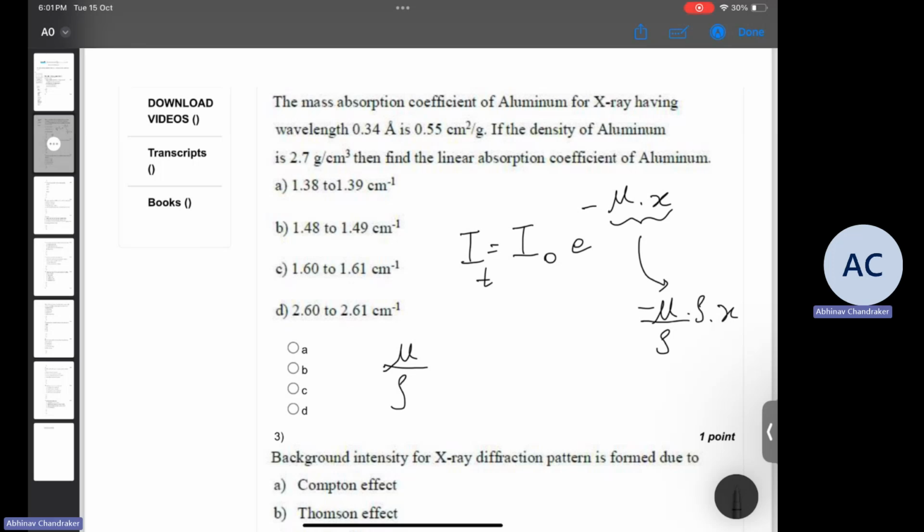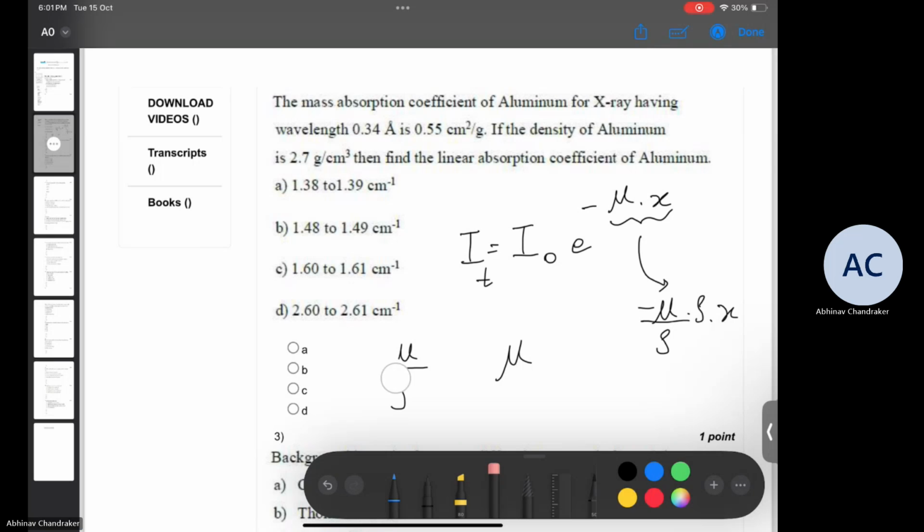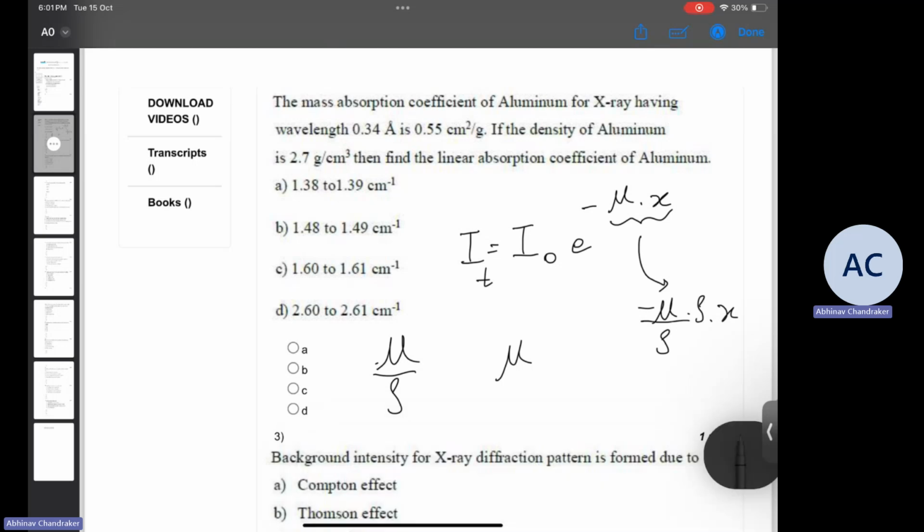The linear absorption coefficient is mu. Oh, sorry, I think it's the other way around. Mu by rho will be the linear absorption coefficient, and mu is the mass absorption coefficient.